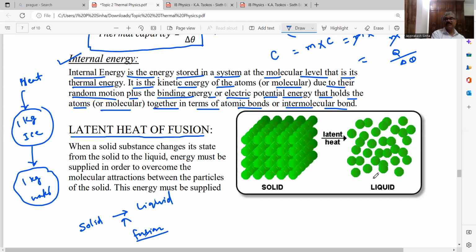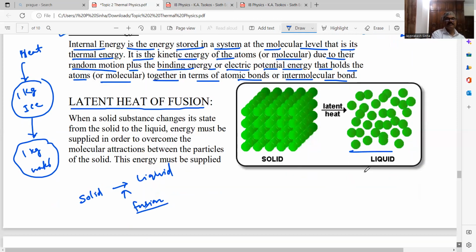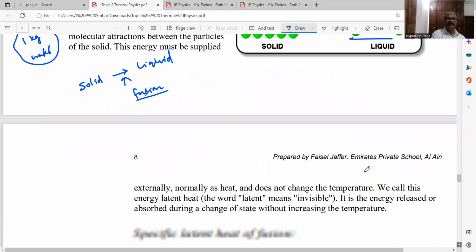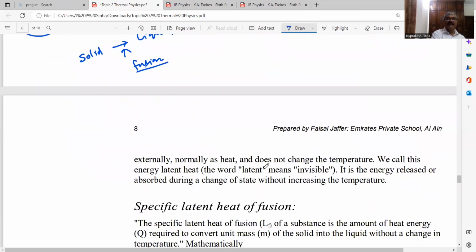So now in liquid state, your molecules are separated and they are in this state. So this is called change of a state or phase change.